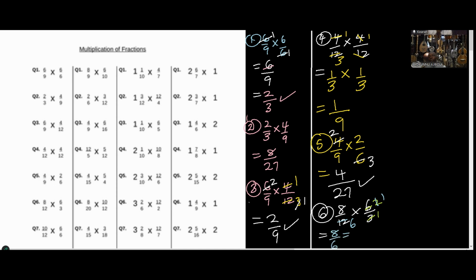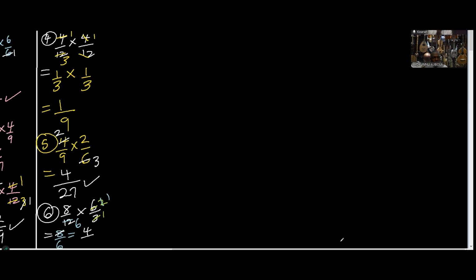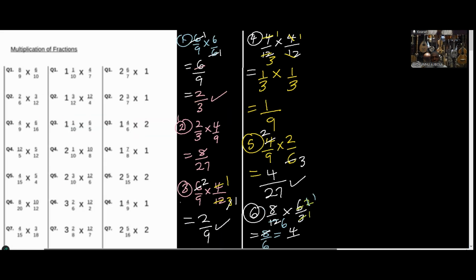Which can be reduced as well: 2 in 4 and 2 in 6. Wait a minute, 2 in 6 is 3. So I have 4 over 3, which will give me one whole number, 1 over 3. Is that clear?